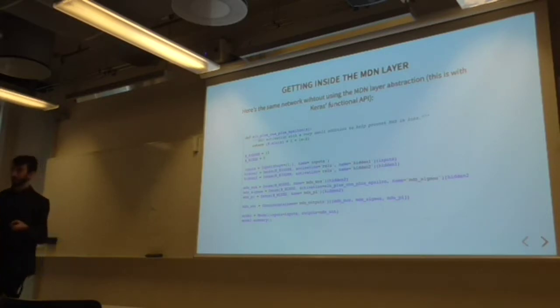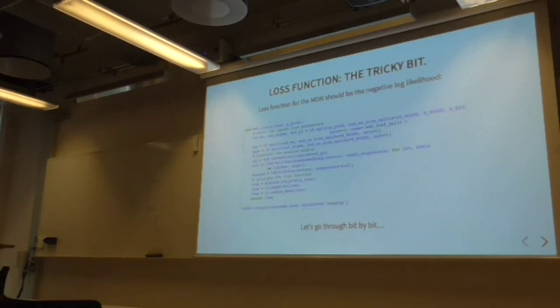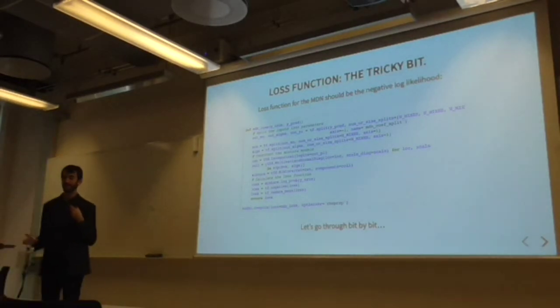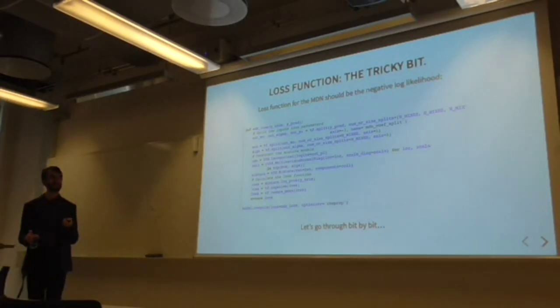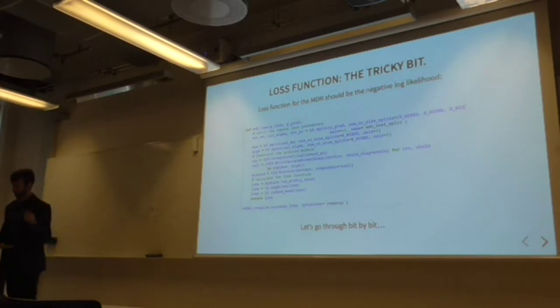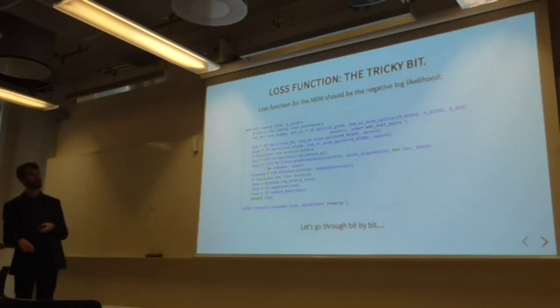Easy. Well, unfortunately, the hard part is the loss function. Because in the loss function, we need to find a function which will give us the negative log likelihood. You've heard that word before from deep learning courses, negative log likelihood of the true value compared to the predicted value.